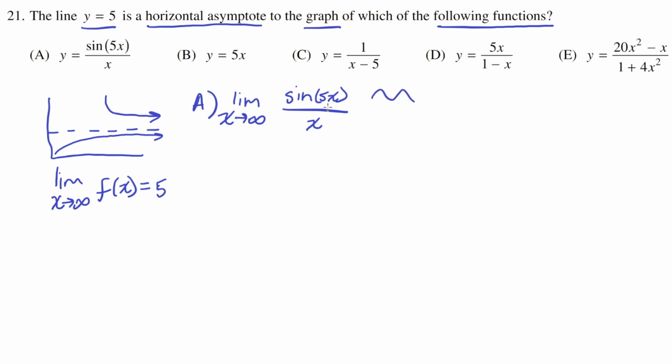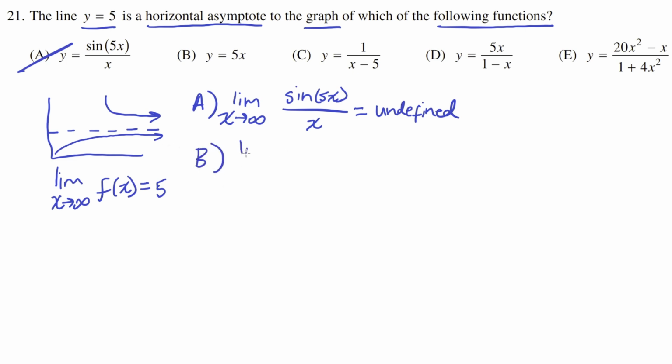In this case, it would oscillate between 1 and -1. So as x approaches infinity, this limit is undefined, because the sine function doesn't converge to any value. It just oscillates between two values. So A cannot be the correct answer.